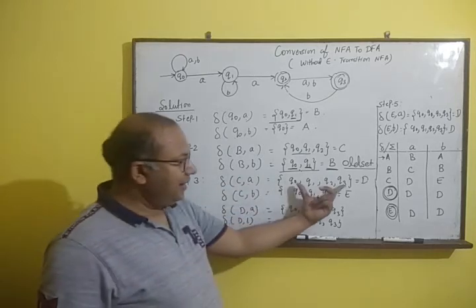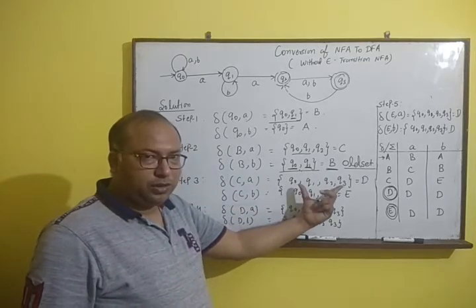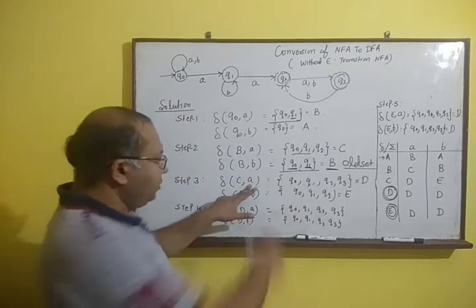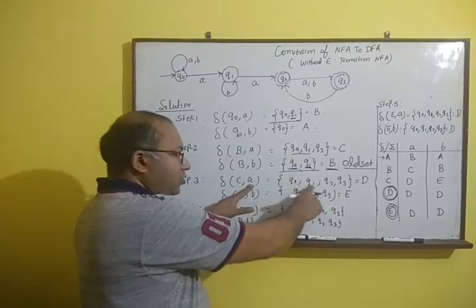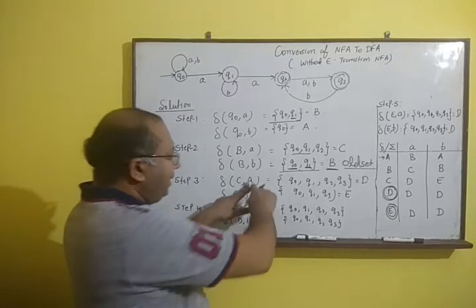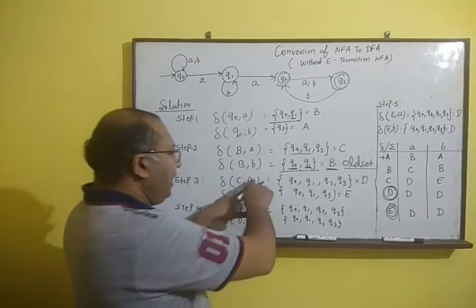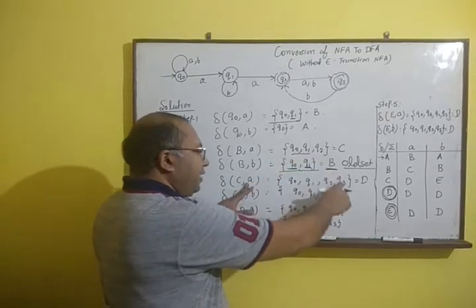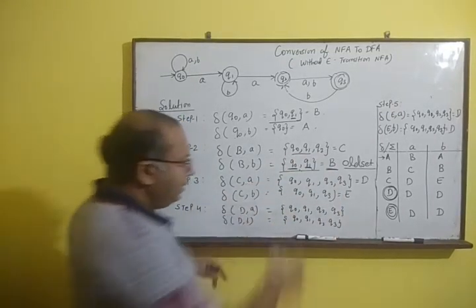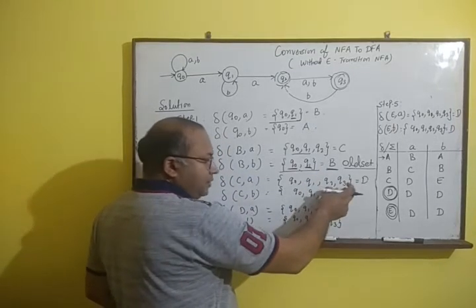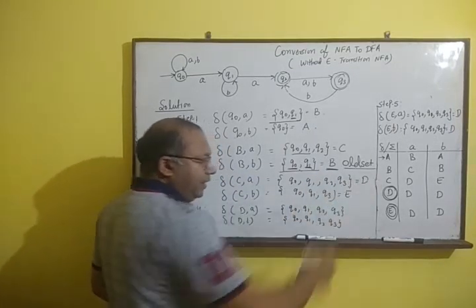Finally we get the union of all those transitions and the new set. Applying A on Q0, we get Q0 and Q1. Applying A on Q1, we get Q2. Applying A on Q2, we get Q3. This set has not been identified yet, so it is a new set, and we name it D.